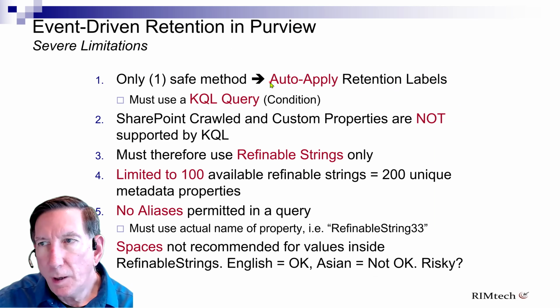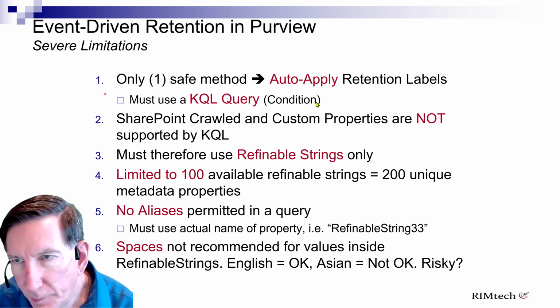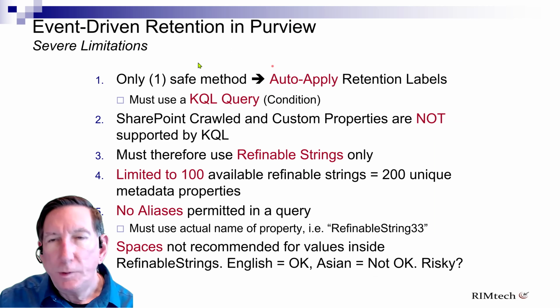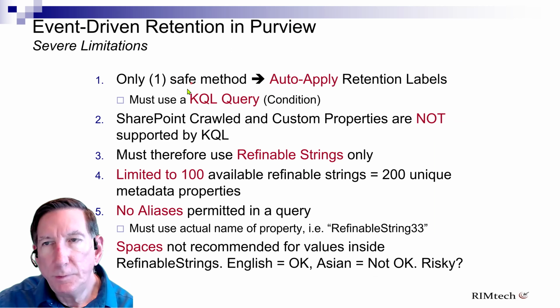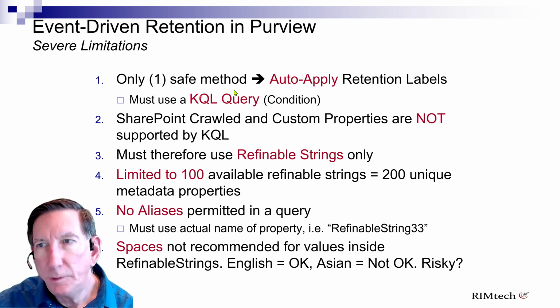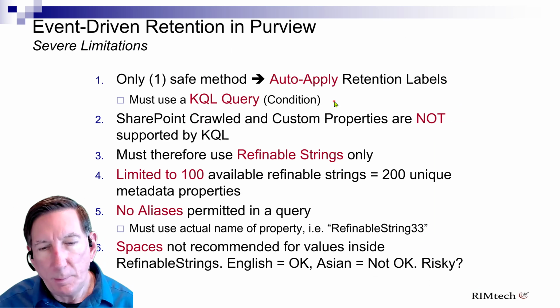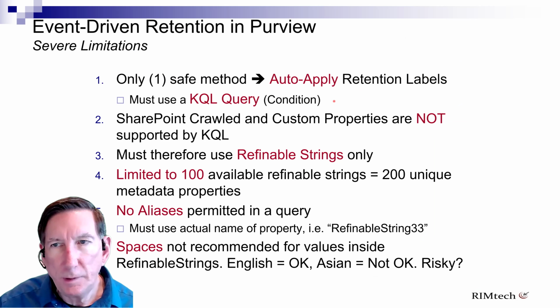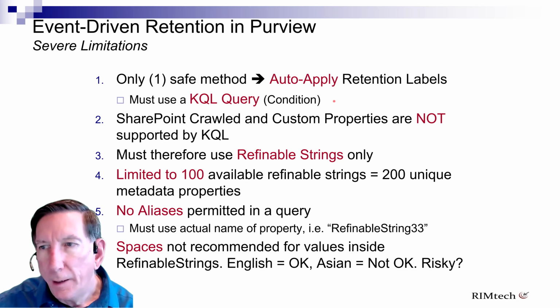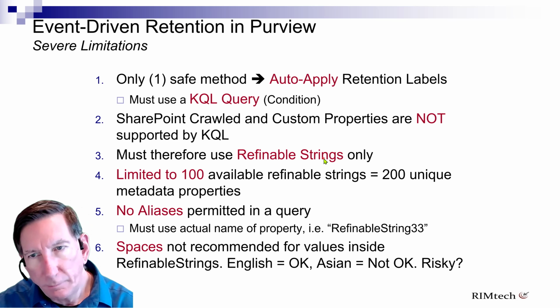We have to use auto-apply retention rules because that's the only safe way to deploy labels, which in turn means that we have to use a Keyword Query Language query, which is a condition that says apply this retention rule to this content, okay? Therefore, you have to use a refinable string.